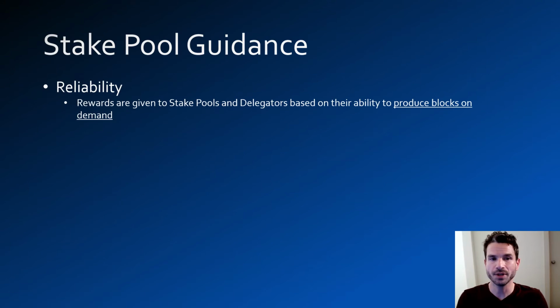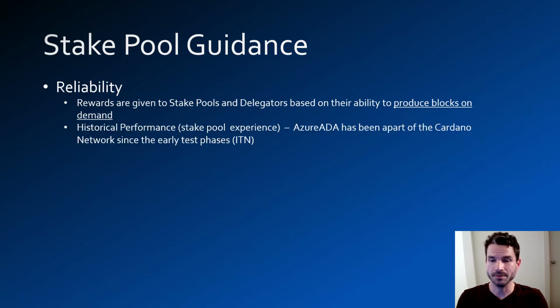First, most importantly on the reliability front, you have to remember that rewards are given to stake pools and delegators based on their ability to produce a block on demand. What this means is that the historical performance of a stake pool can be considered a reliable indicator of how technically adept that stake pool operator is at managing their core operations of keeping their stake pool up and running.